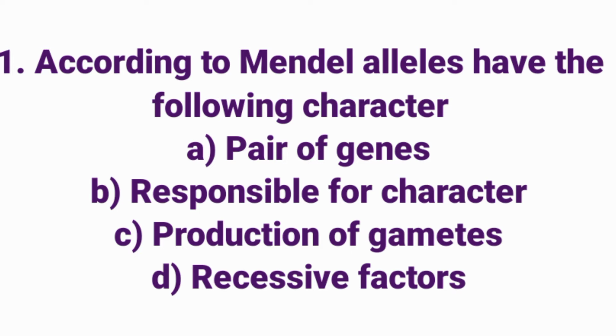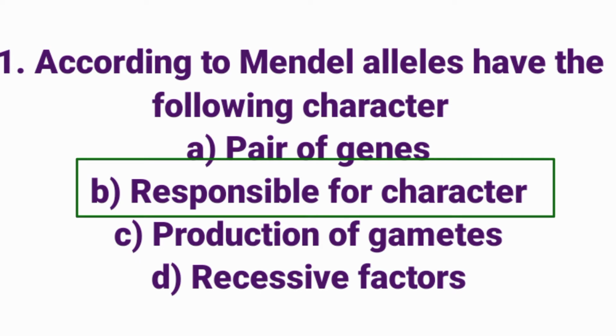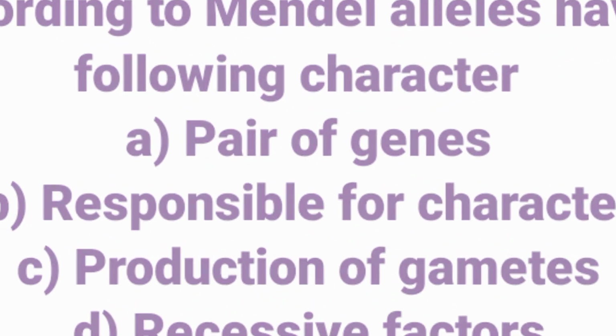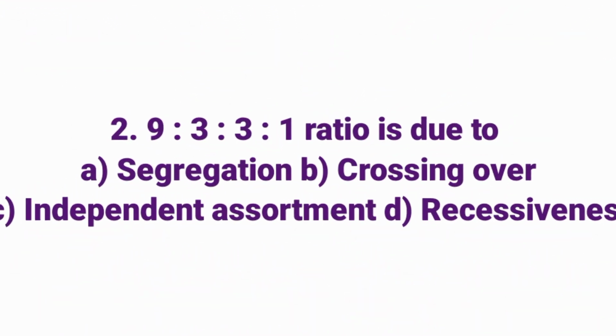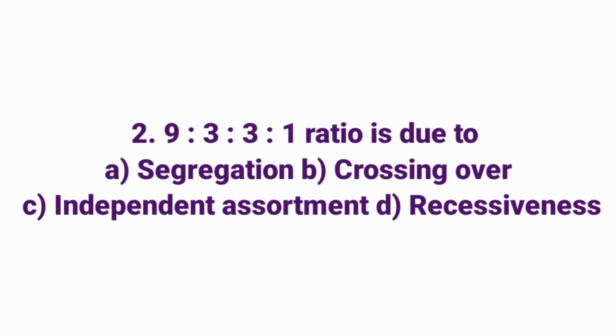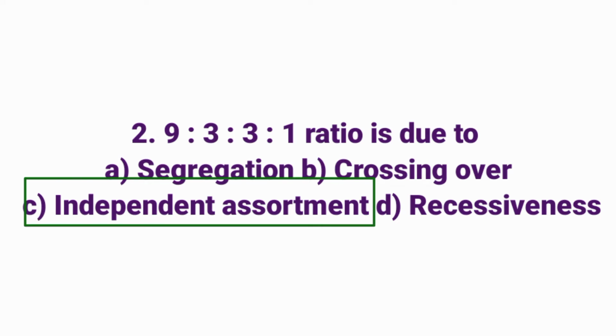Answer option B, responsible for character. 9:3:3:1 ratio is due to option C, independent assortment.